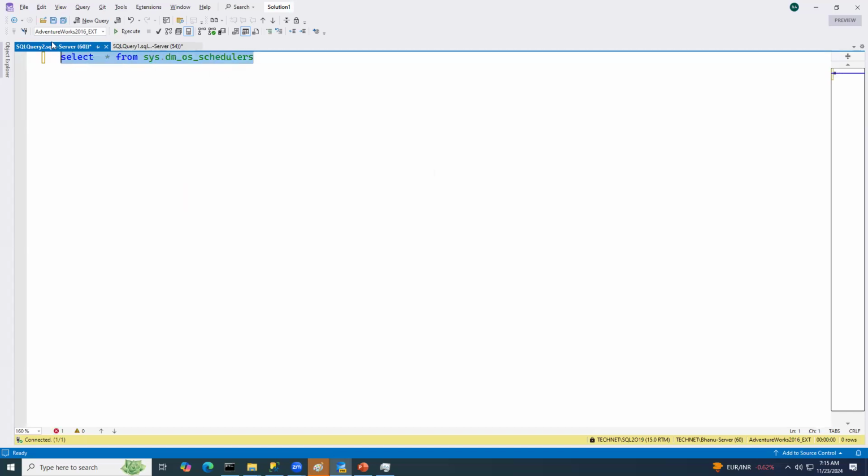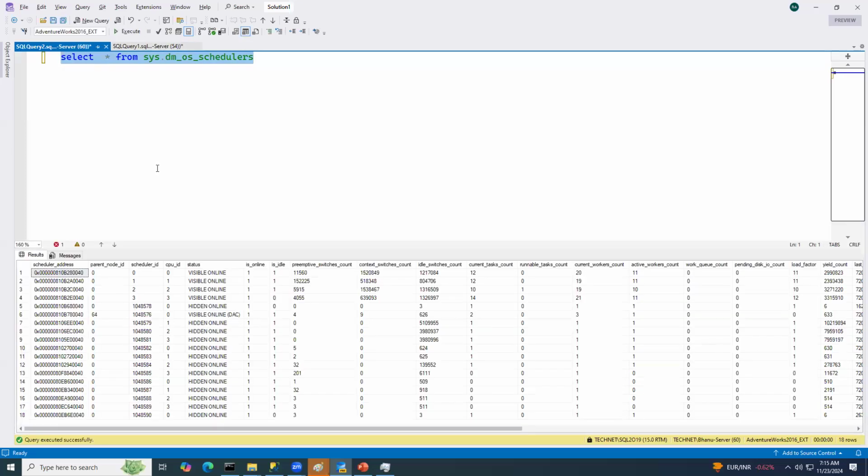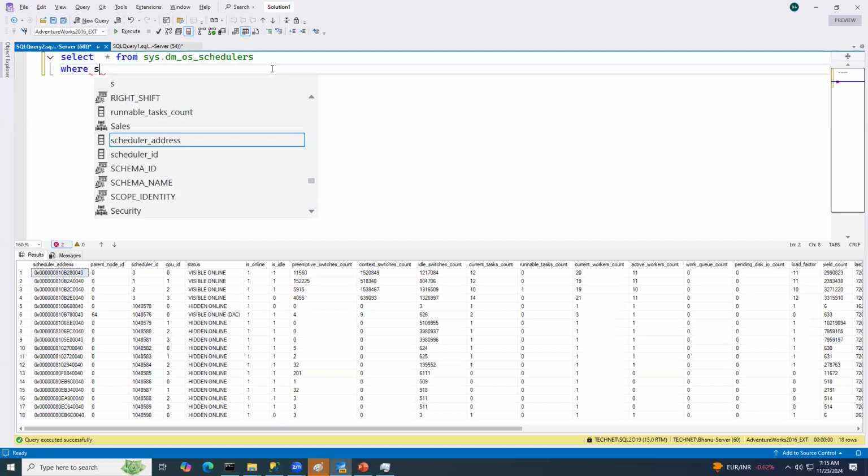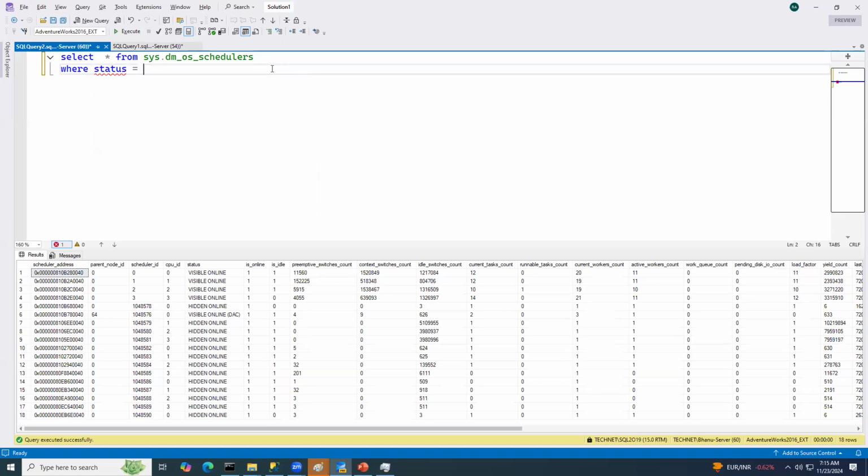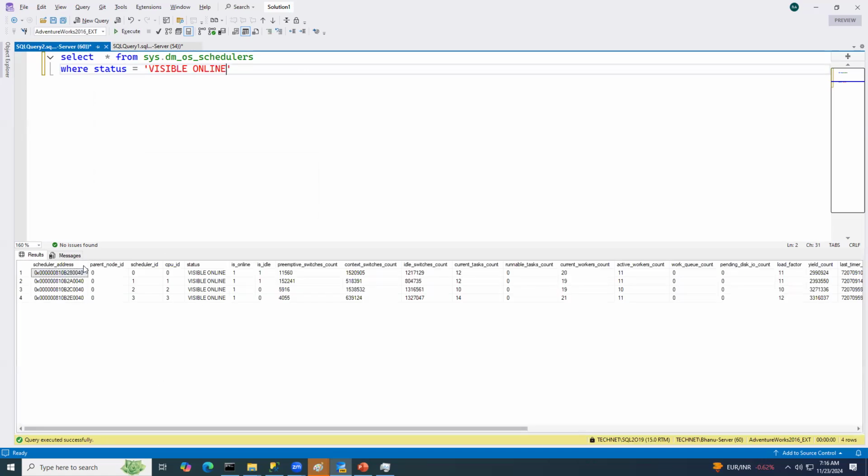This scheduler is basically a one-to-one mapping with the SQL operating system. There are a few other hidden schedulers. Scheduler is basically where the request is scheduled. We will talk about what a scheduler is and all that.